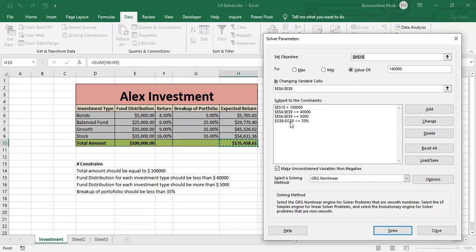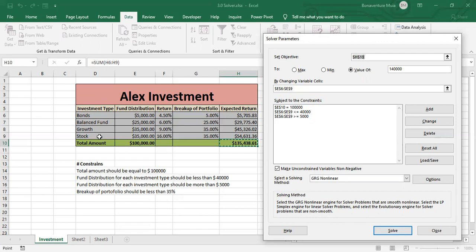So one constraint that I want to do away with is the breakup of the portfolio should be less than 35%, because with this constraint, we are not going to have a fund distribution more than 35%. So I'm going to delete that constraint.